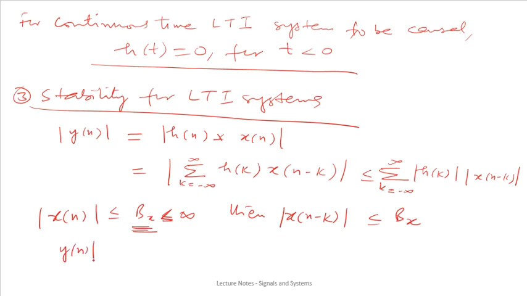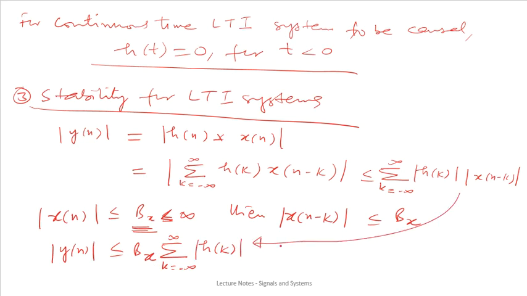Now from here it will follow that the magnitude of y[n] must be less than or equal to B_x times the summation k equals minus infinity to infinity of the magnitude of h[k]. Okay, so this is just from this equation we are writing.